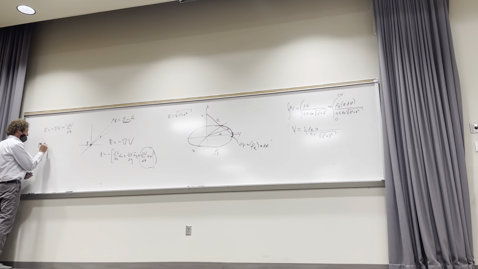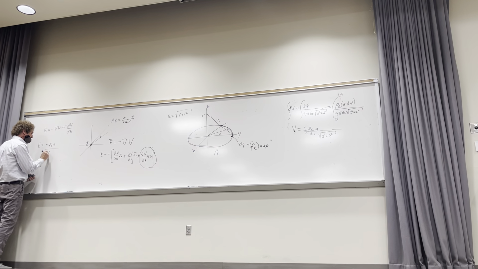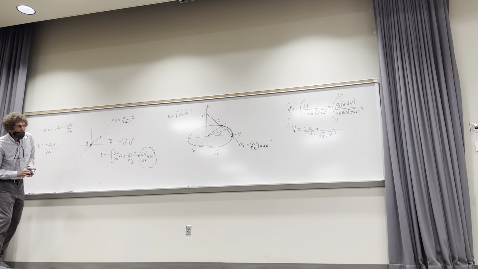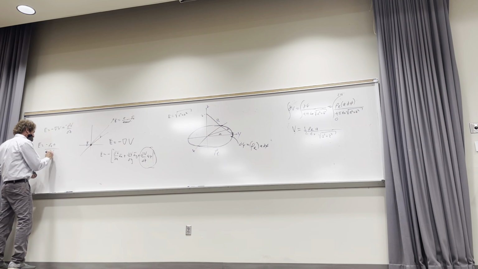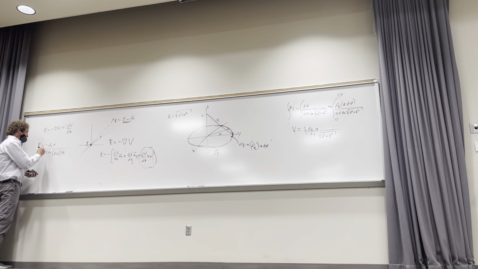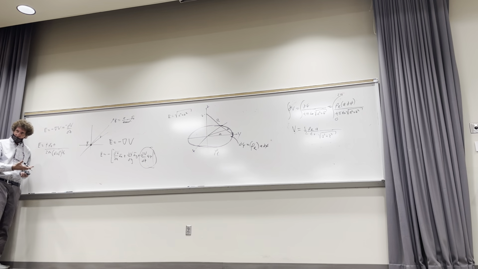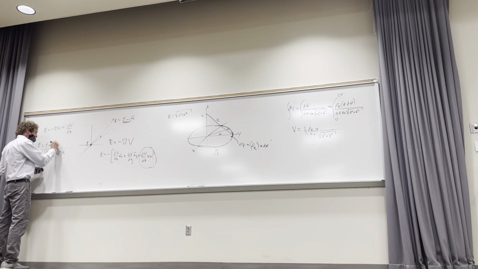Minus, and then the fun begins, rho L A over 2 epsilon naught. And then I have to take a derivative of 1 over the square root of a squared plus z squared. Well, that's going to be a squared plus z squared to the 3/2, right? Then a minus sign will come out, because it was on the bottom. And then what else? Well, you're going to get a 1/2 technically out front.